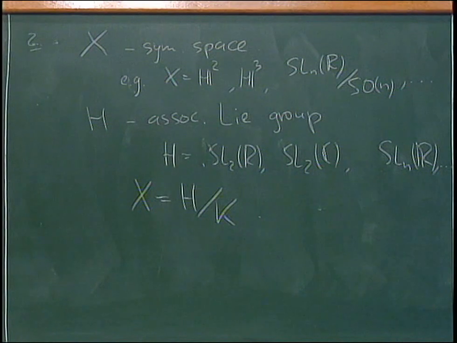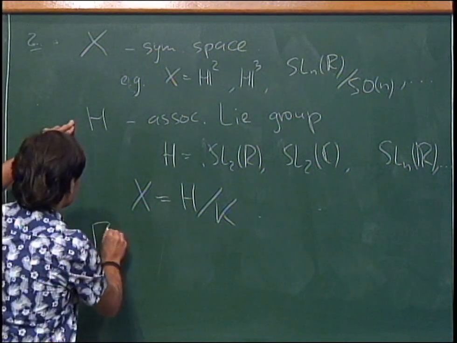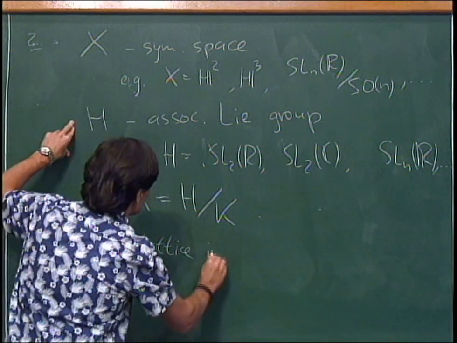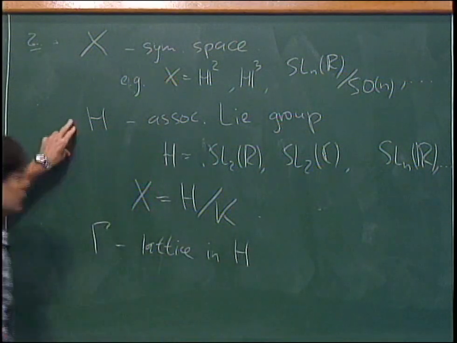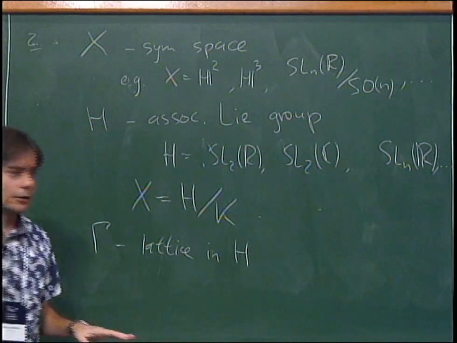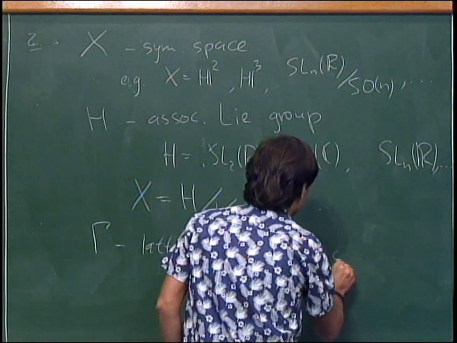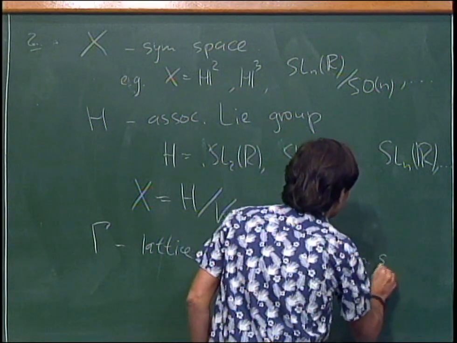Now we can look at what is called lattices in this group H. So gamma is a lattice in H, means it's a discrete subgroup of finite covolume. Discrete cofinite subgroup.